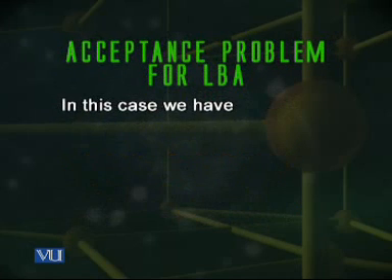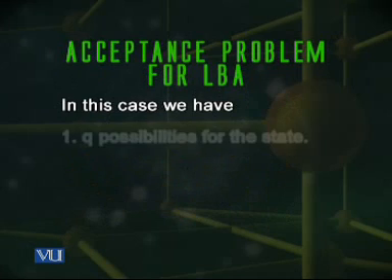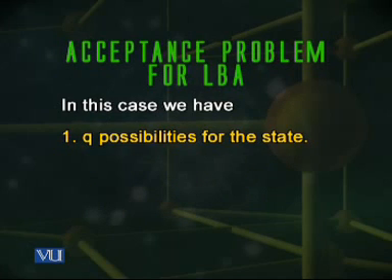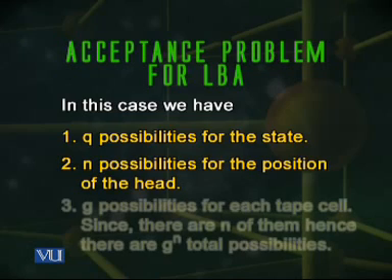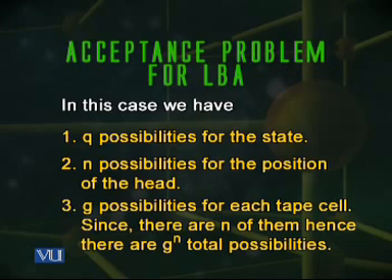Now, suppose you have a linear bounded automata M which has q states, then for the state there are only q possibilities. There are n possibilities for the position of its head, and there are g possibilities for each cell, and since there are n of them, there are at most g to the n total possibilities of what you can put on the tape.